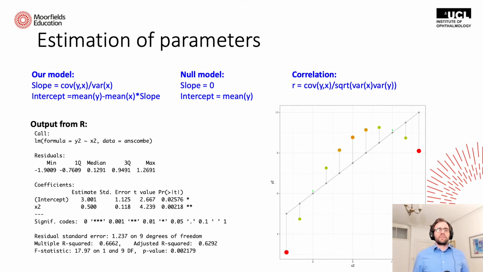We talked about correlation, and you can see that the formula for the Pearson correlation is quite similar to the formula for the slope, except that the denominator is slightly different. Instead of dividing by the variance of x, we're dividing by the square root of the variance of x times the variance of y.